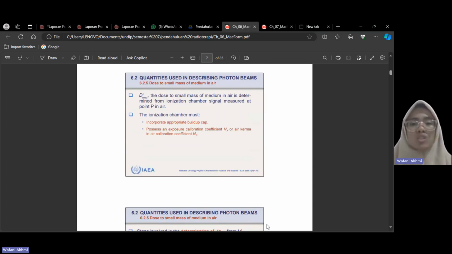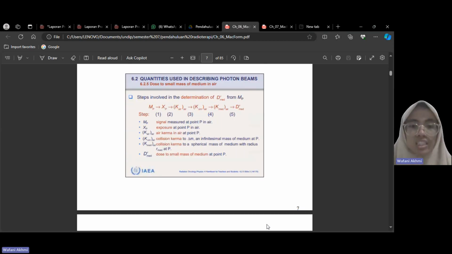D-prime med, the dose to small mass of medium in air, is determined from ionization chamber signal measured at point P in air. The ionization chamber must incorporate appropriate build-up cap and exposure calibration coefficient Nx or air kerma in air calibration coefficient Nk.